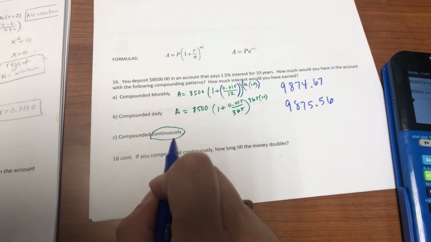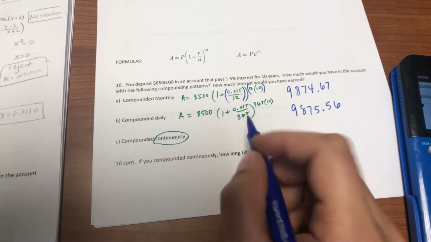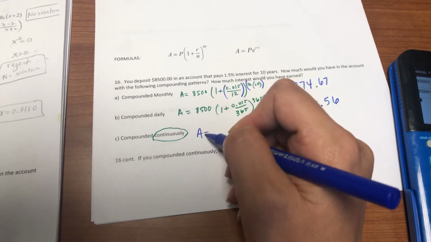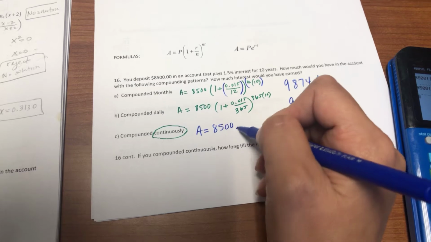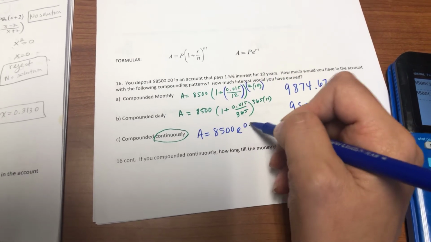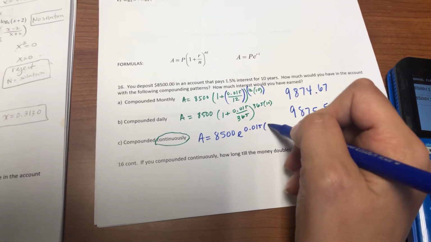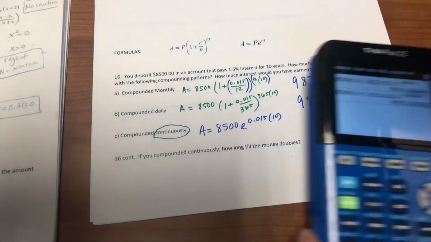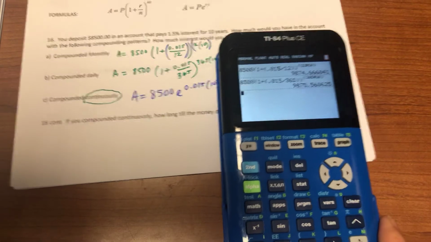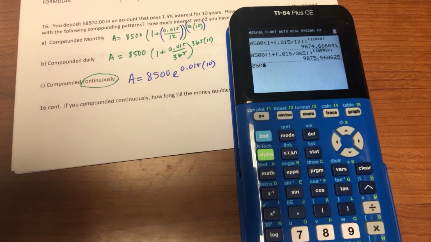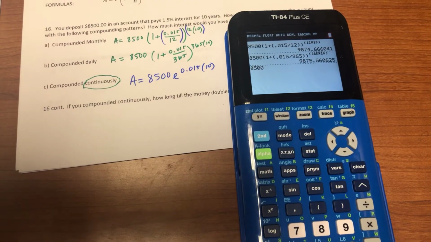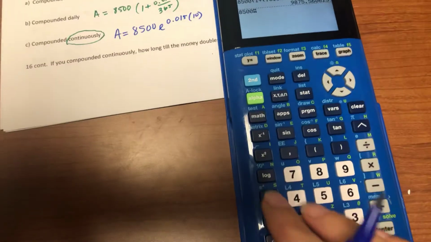So let's talk about continuously. Remember, I told you that's going to be your second formula. So it's A equals my principal, 8,500, times e, my rate is still 0.015 times 10. How do we put that in our calculator? Here we would have 8,500, and then you'd go to your e button, which is second, natural log.